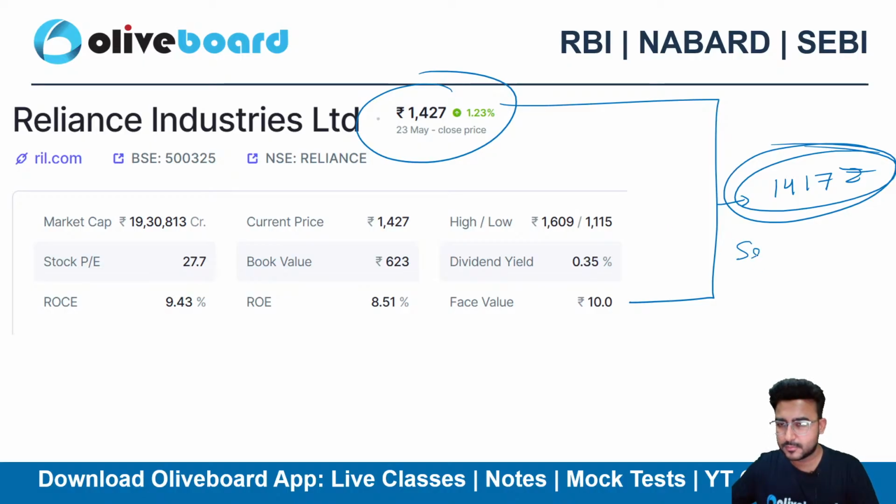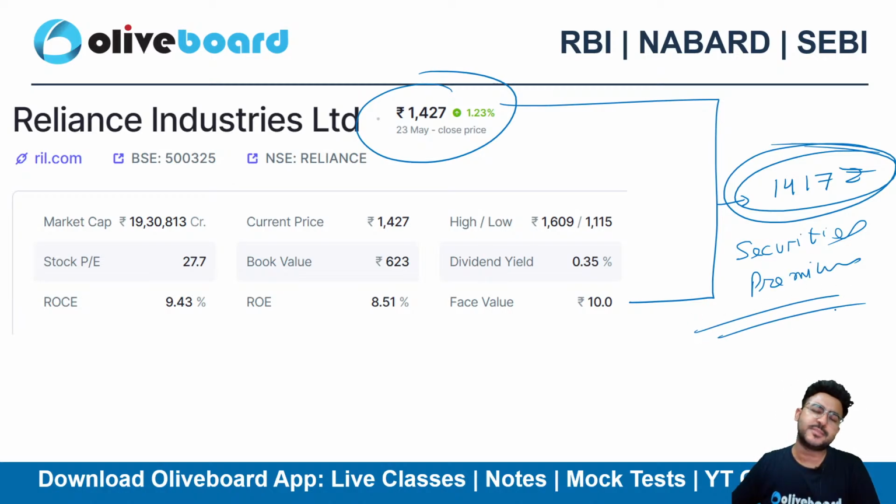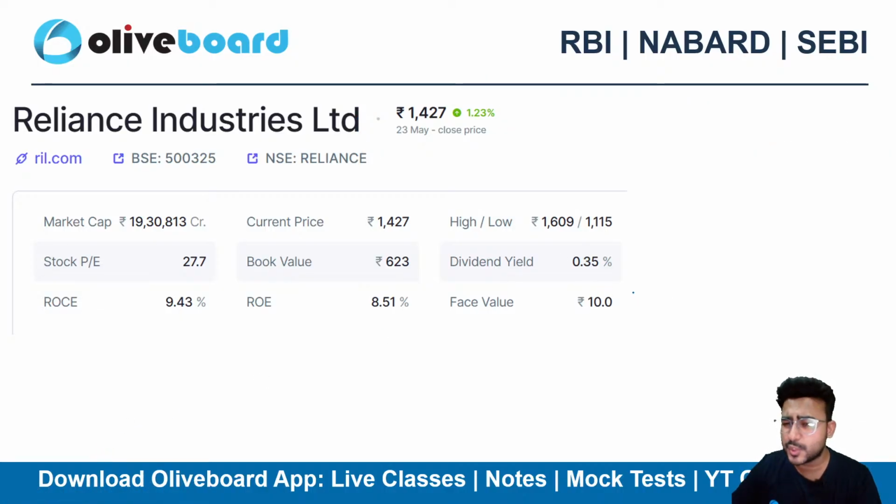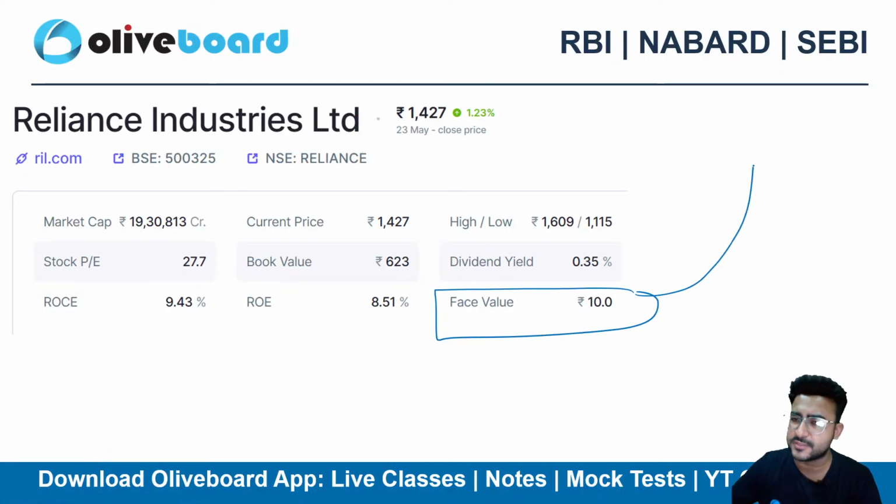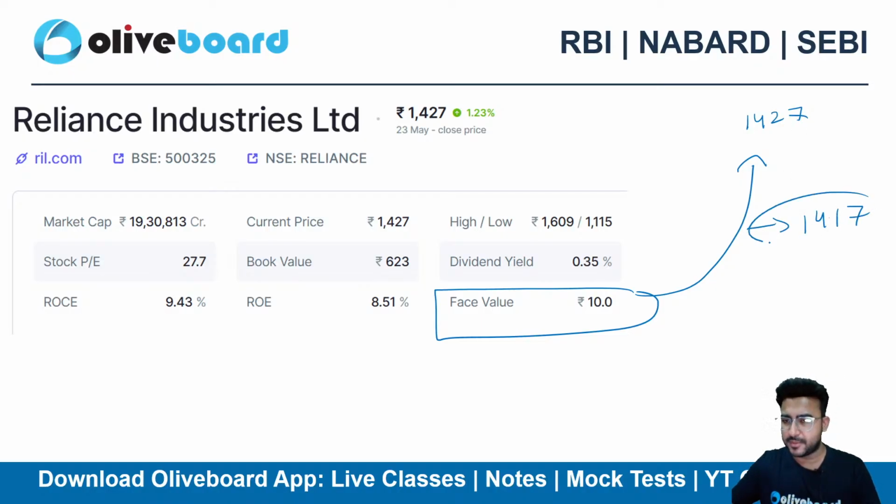Yes, Chetan. We call it securities premium. So anything you are receiving above the face value becomes a securities premium. You are charging a premium, okay? That's called securities premium.